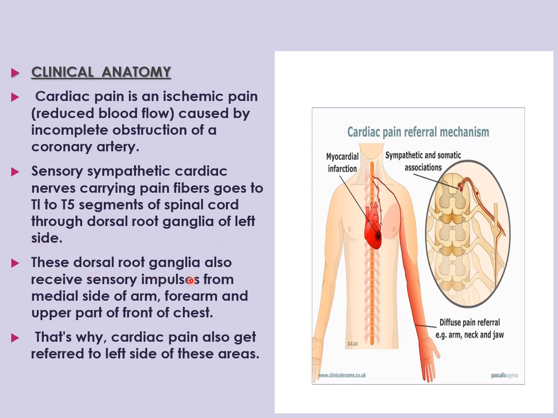These dorsal root ganglia also receive sensory impulses from the medial side of the arm, forearm, and upper part of the front of the chest. So that's why cardiac pain also gets referred to the left side of these areas, right? So this is the cardiac pain referral mechanism, we say.